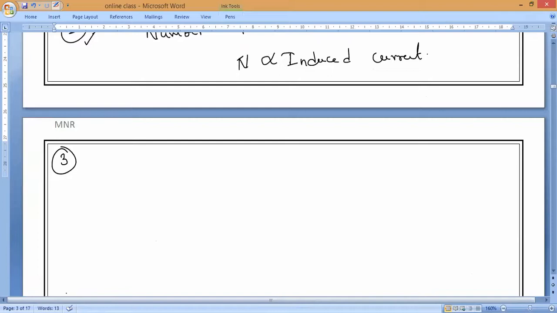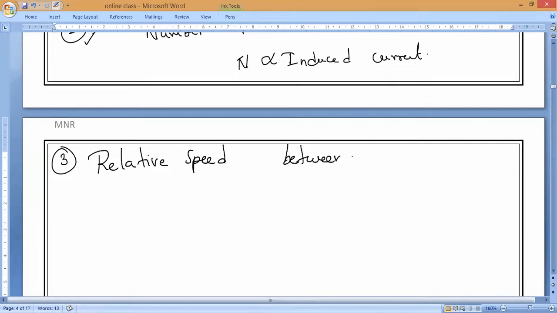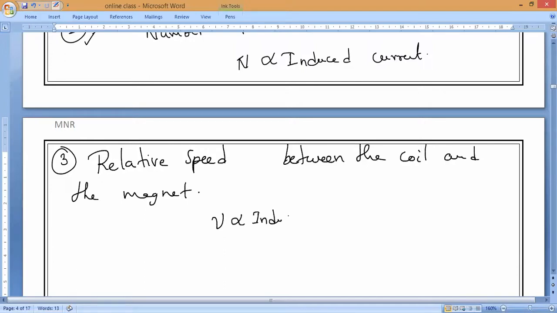Higher the relative speed, which is what we call relative speed between the coil and the magnet. We can say relative speed is v. So relative speed is directly proportional to the induced current.